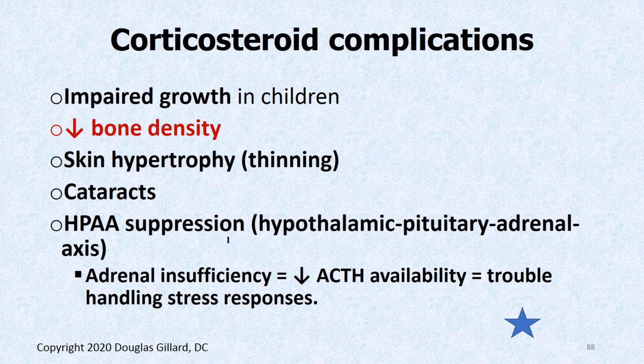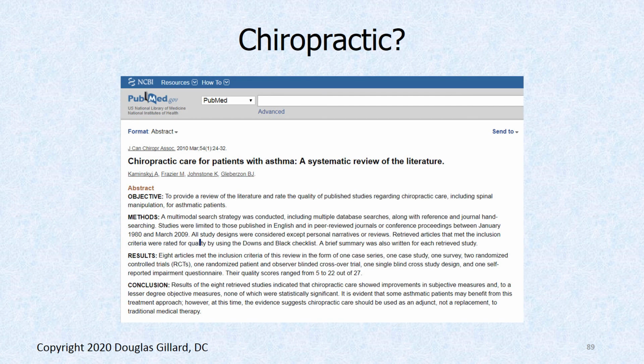So you can have trouble when a big stress occurs because your own HPA system is turned off, and you can't produce your own cortisol when you need to. When you have a big stress event and you need to make more cortisol, you can't do it because your HPA axis is shut down. So, yeah, the same kind of stuff there.